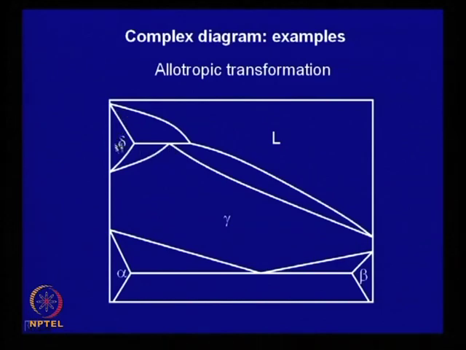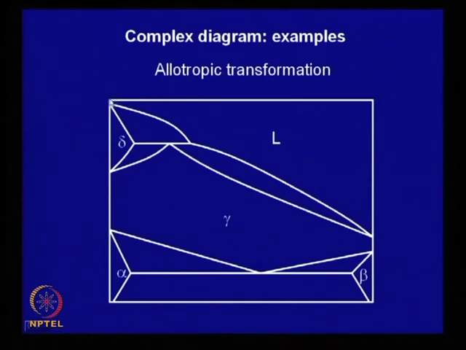Say here first this liquid solidifies using a simple peritectic system, which is shown over here, and once it is solid it is gamma, but pure A which is solidifying here, first solidifies as delta and then again it transforms into alpha. Then gamma again transforms into alpha.